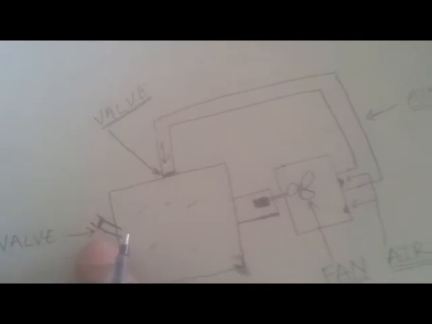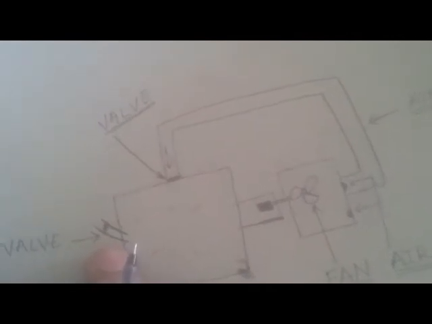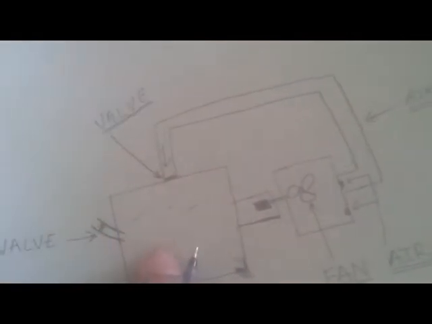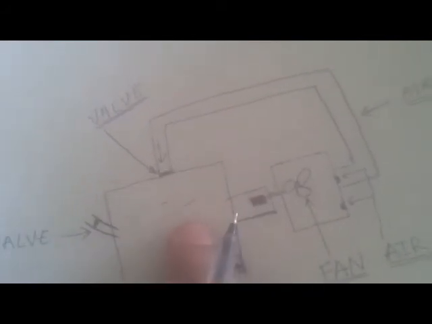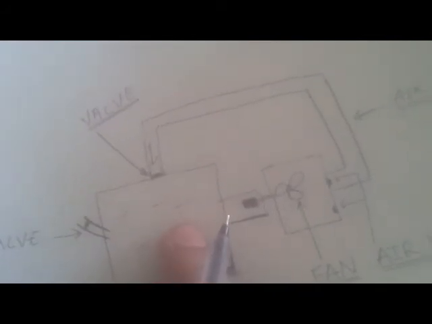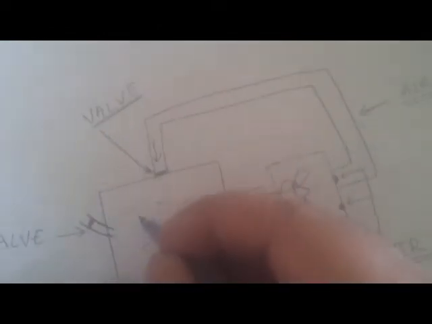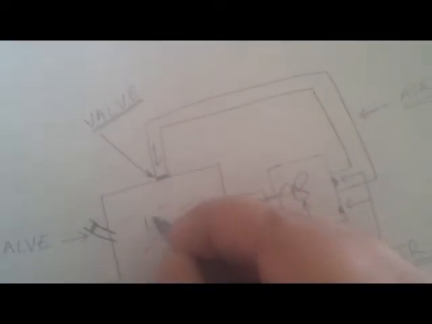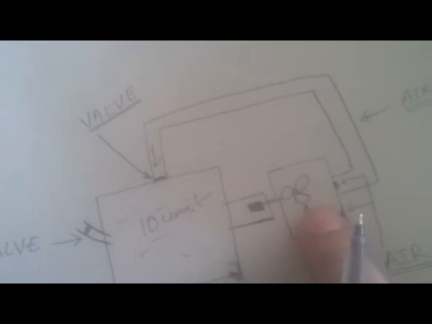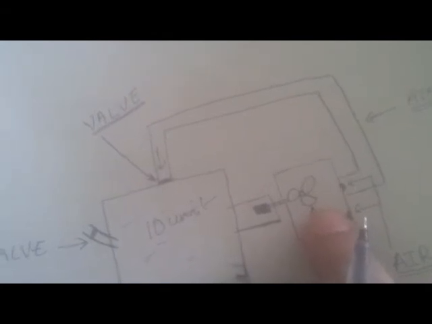When you pour water from this pipe into the water tank, the water gets filled out here. So let's say when the water is filled, you apply 10 units of energy here through the pressure, and this fan rotates with 10 units.